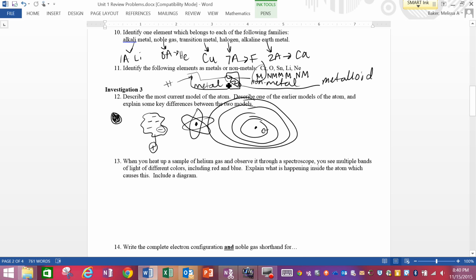And the best way that we represent the model of the atom is to show a tiny little nucleus, and then we represent the electrons as a cloud, a probability cloud. And we know that the electrons take up most of the space of the atom, although the nucleus takes up most of the mass.